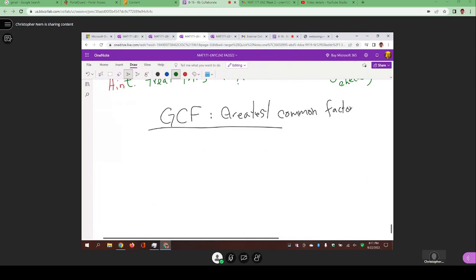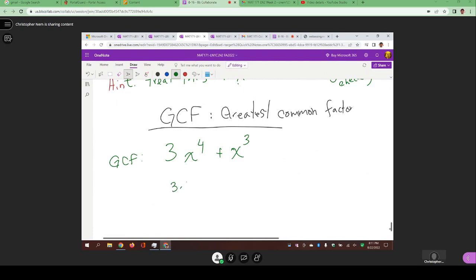So I need to be able to find the GCF of, let's do 3x to the fourth plus x to the third power.